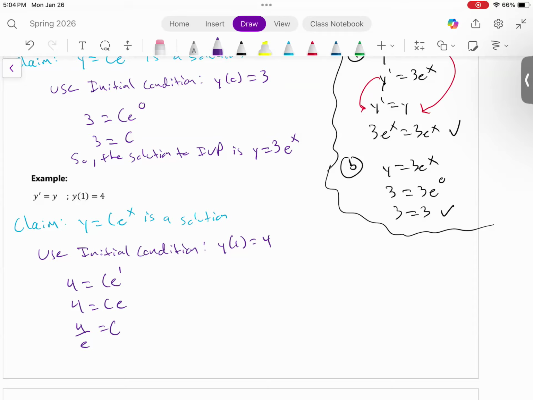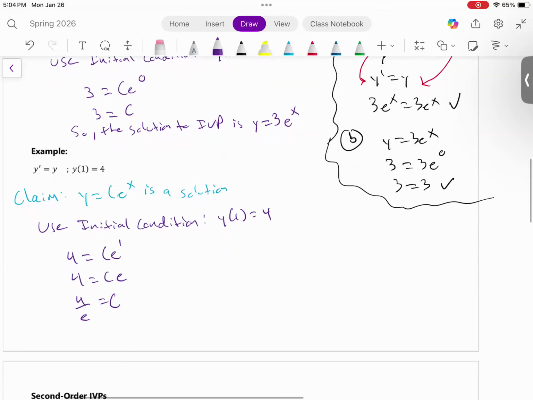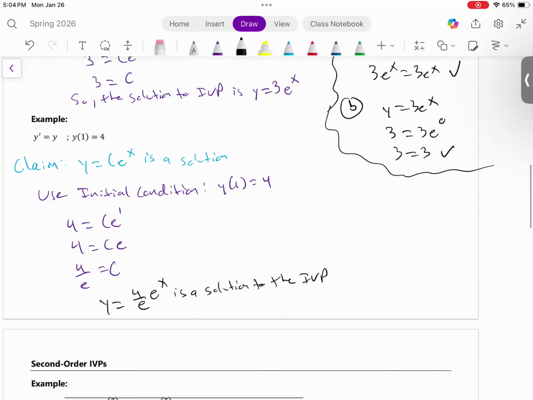So we put this back into our solution. This would be y equals 4 over e times e to the x is a solution to the initial value problem. But we could clean this up a bit. This is a little too ugly for me.